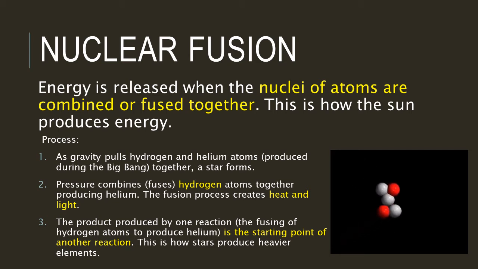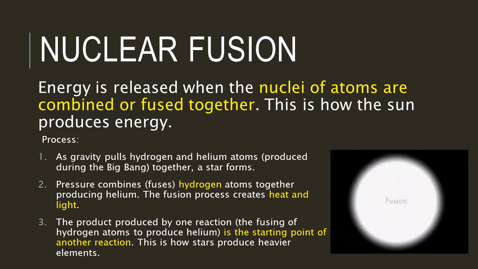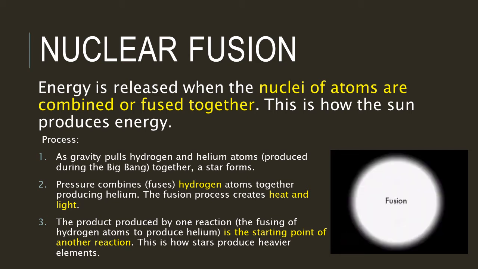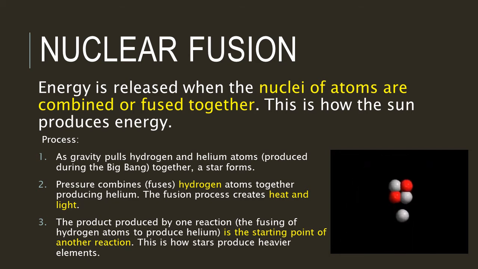Now this pressure combines or fuses hydrogen atoms together and produces more helium. Through this fusion process, heat and light are created. We can see that here in a moment. When they are combined, boom, we've got the fusion, the heat, and the light created.